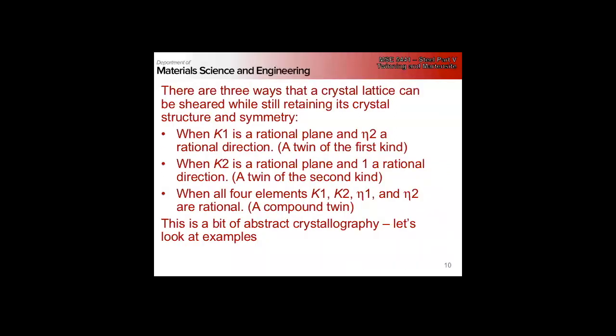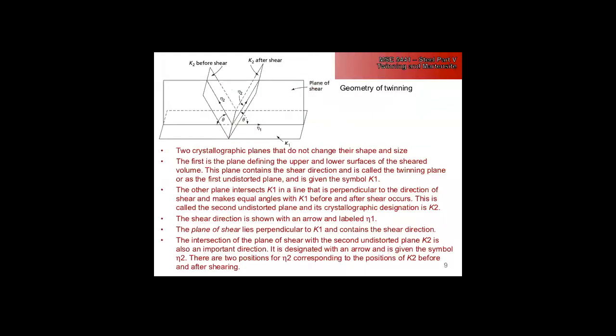Okay. How is it decided where the second plane is? It's just, after you give it the shear, right? There is going to be some plane that makes a positive angle with it.